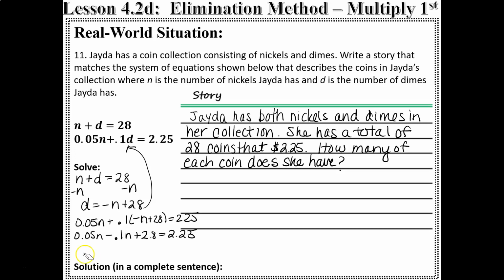You end up with negative 5 cents n. Let me get a pen.